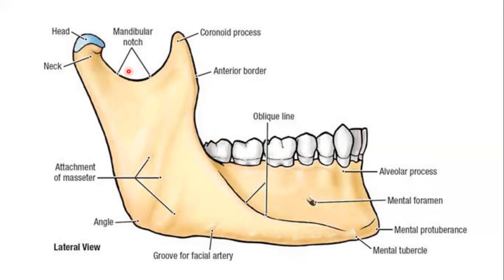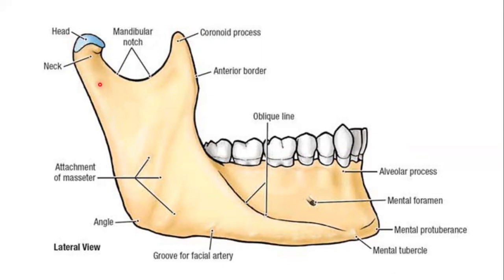The upper border forms a mandibular notch, which has a coronoid process at the anterior end, a triangular flattened structure projecting upwards from the anterior border of the ramus of the mandible.